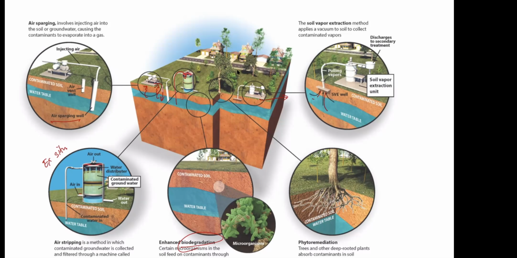So to increase the efficiency, you sometimes have to apply oxygen or add nutrients, all those factors, so that it becomes more efficient or effective. So biodegradation is a very popular technique now. Again, it's a slow process, but it can be efficient in the long term, where you don't have to spend a lot of money on it.